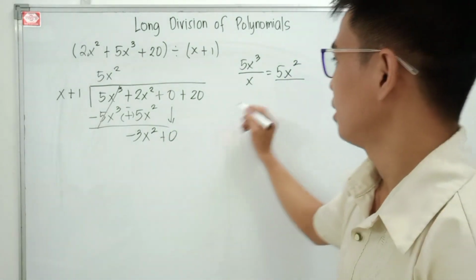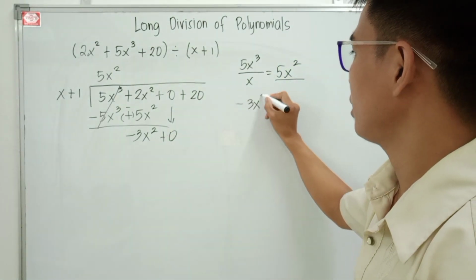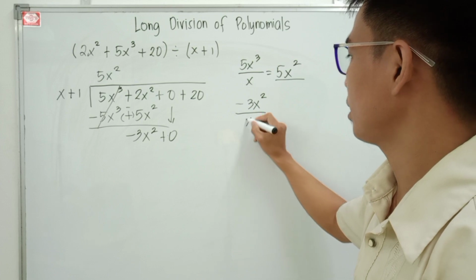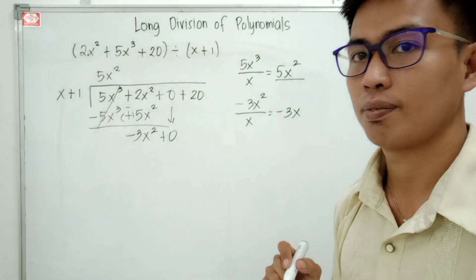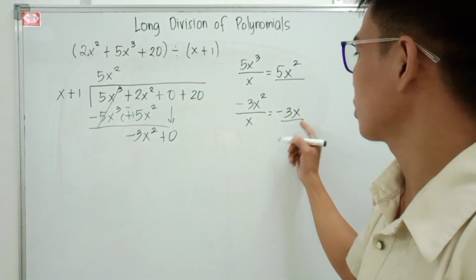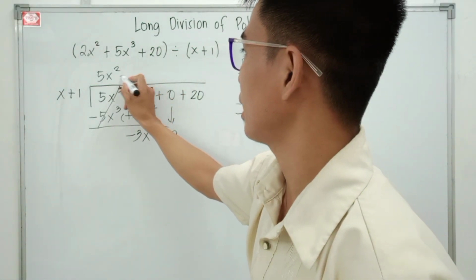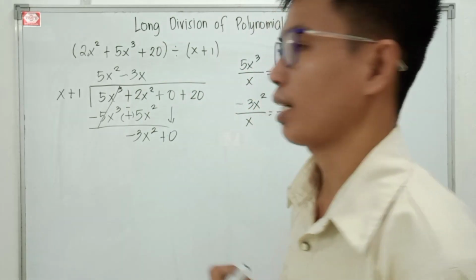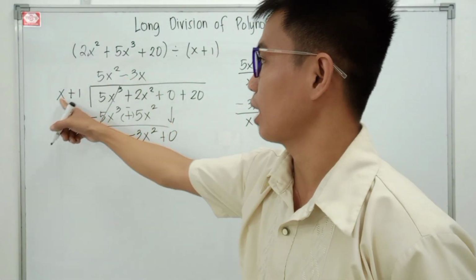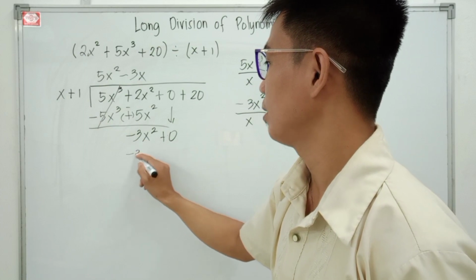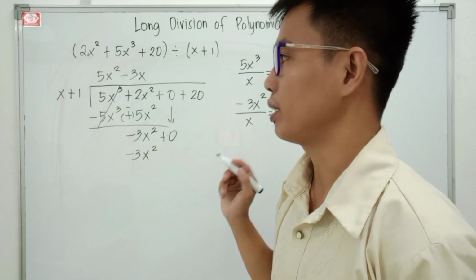Bring down the next term, that is 0. Then, divide negative 3x squared divided by x, and that is negative 3x. Then, yung result, lagay natin dito, so negative 3x. And after that, multiply negative 3x times x, that will be negative 3x squared.